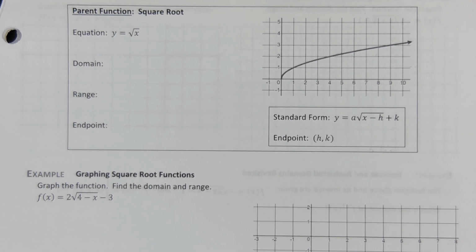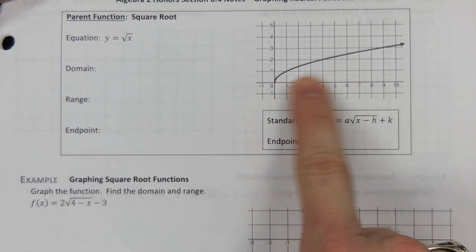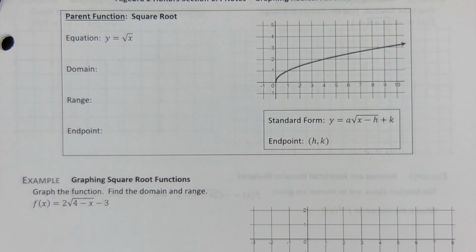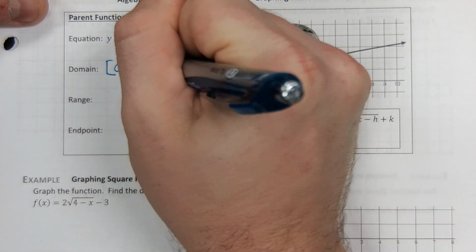We have mentioned several times that you cannot take the square root of a negative number. But you can start taking square roots at 0 and go bigger. That is why your domain is 0 to infinity. Or you could also say, because look at this graph, it exists everywhere from 0 and to the right. So the domain of this graph is 0 to infinity.